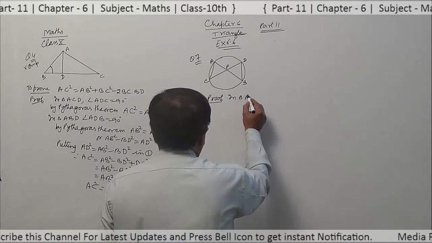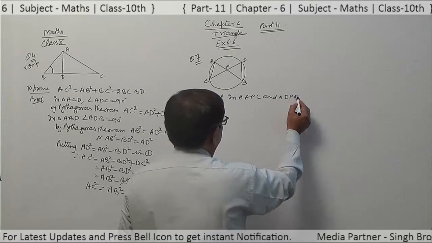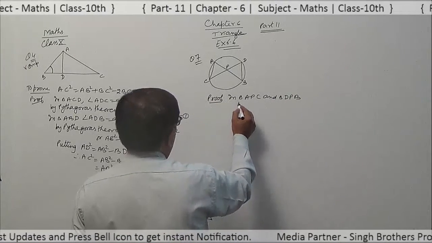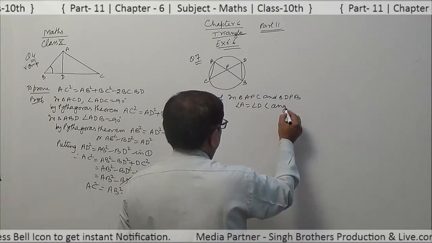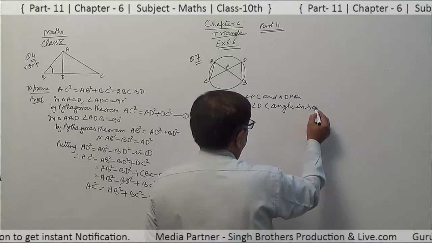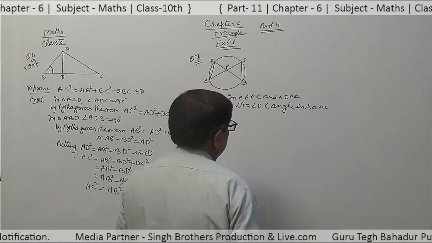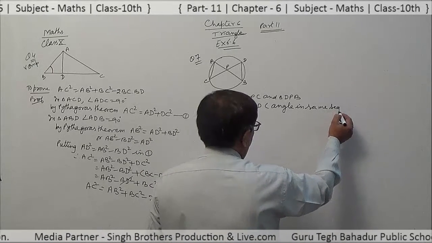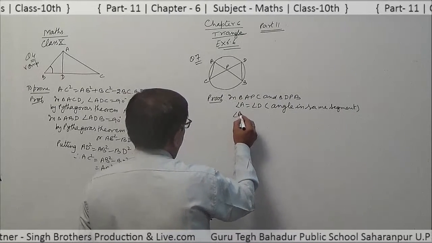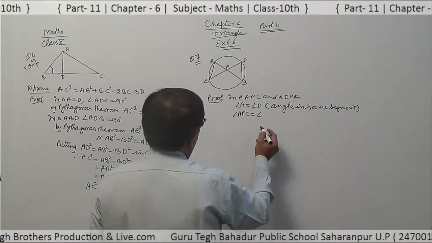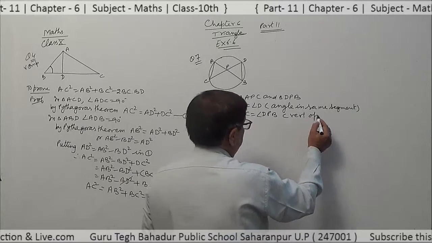In triangle APC and triangle DPB, angle A is equal to angle D, angles in the same segment, which you have already done in class 9th in chapter circle. And angle APC is equal to angle DPB, vertically opposite angles.